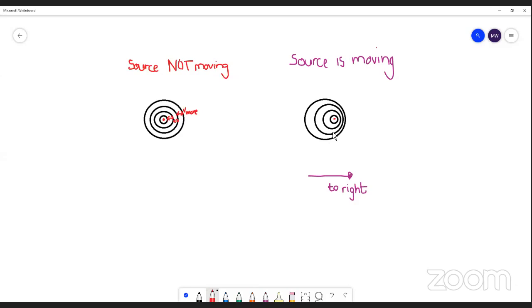But as the source starts moving to the right, these waves at the front are going to bunch up. And these waves here at the back, in a different color, are going to be further apart.